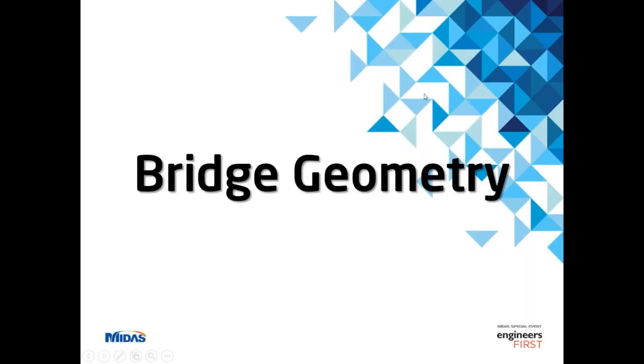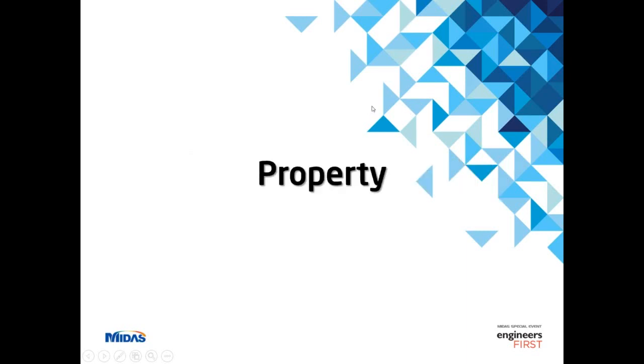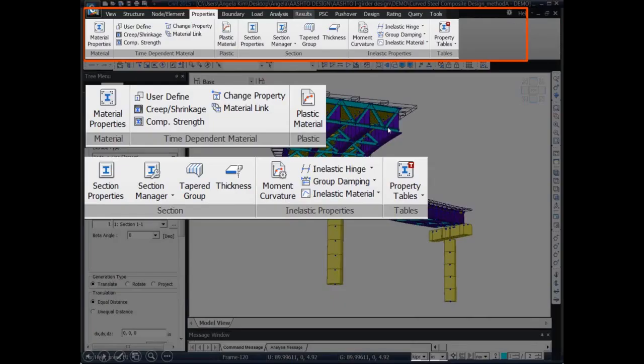So now we are going to go over how geometry is handled in Civil. For property, everything about the properties, material sections, you can find everything under this properties main menu. So for the material, we can define the standard basic material, then more advanced time-dependent material, plastic material.